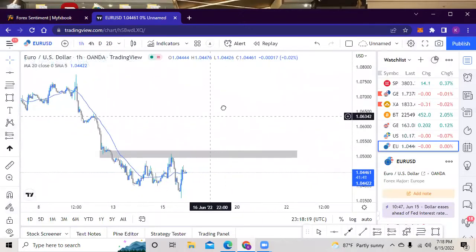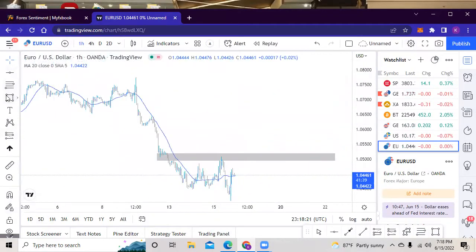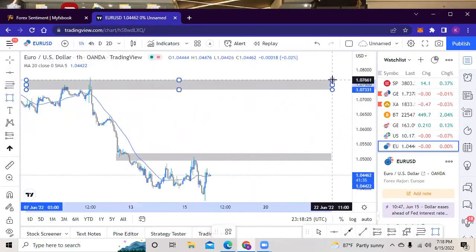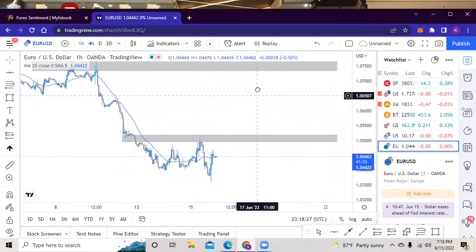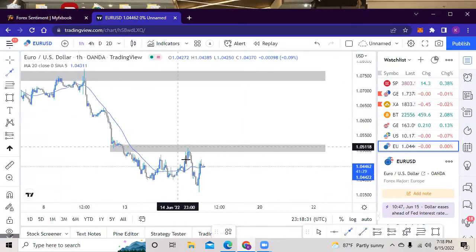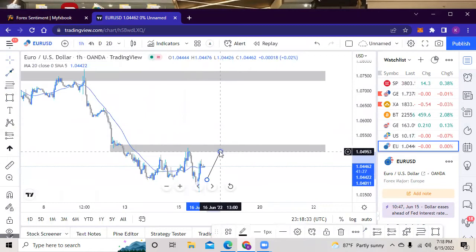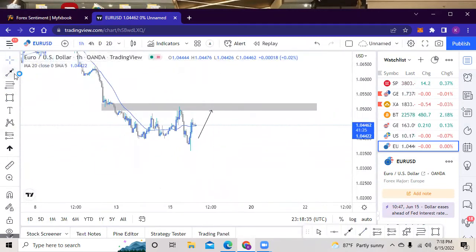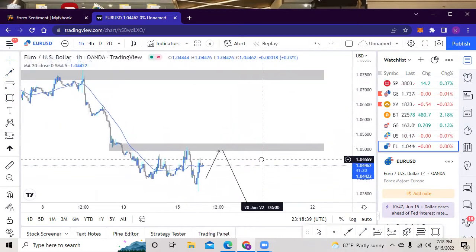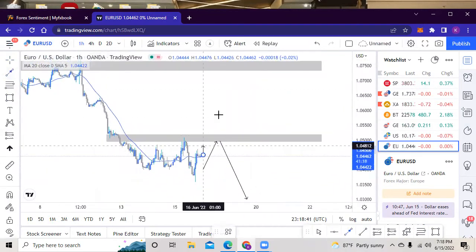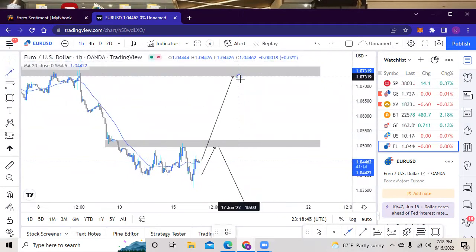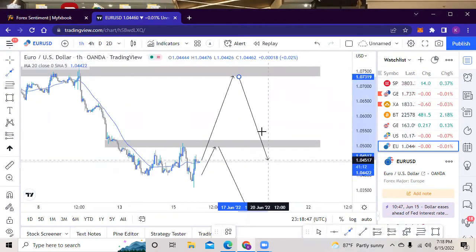We have another point of interest around right here. So basically we're looking for price to move up in this direction, reject, and move down. So price will either move down from here, or price will go up here. So really all it takes is patience, right?